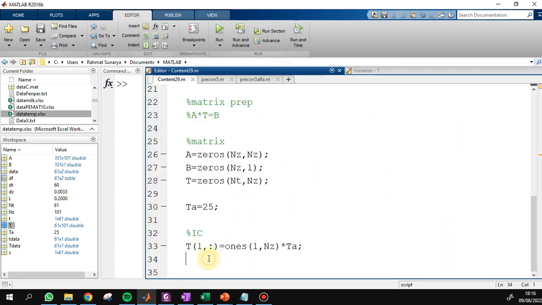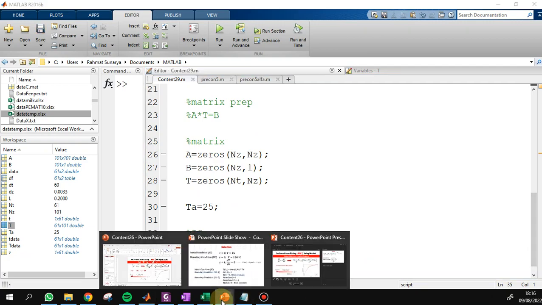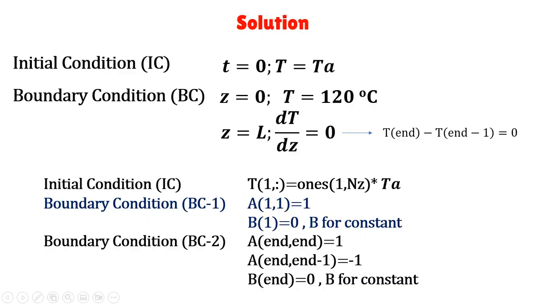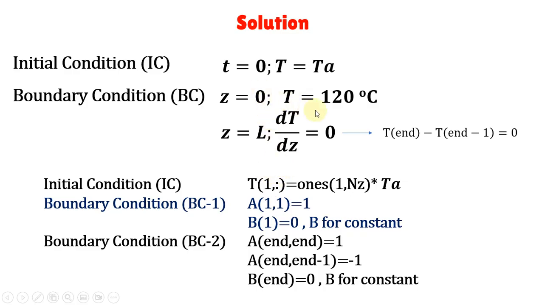Next, the boundary condition. BC: T equals 120.